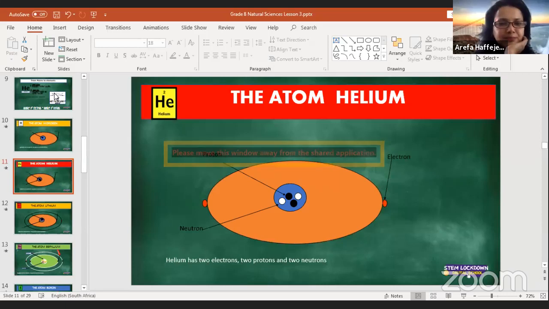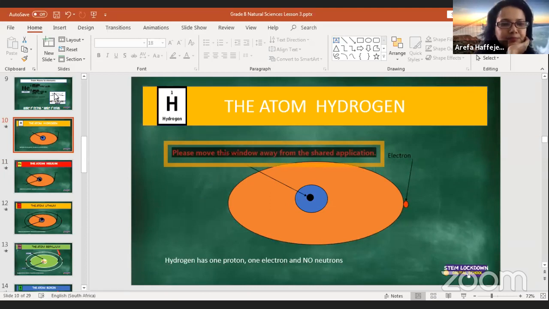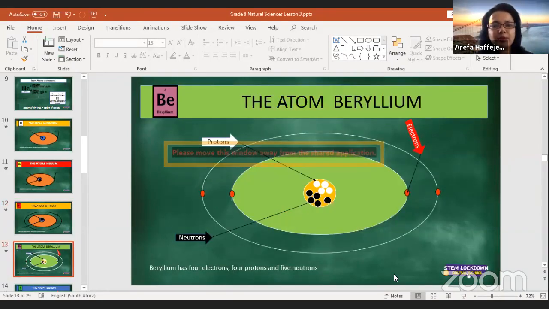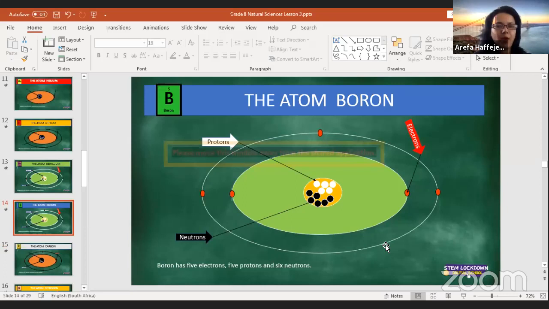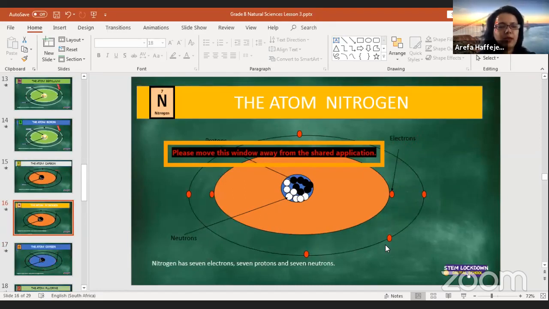So we have the helium atom. We have the hydrogen atom, we have the lithium atom, and we have the beryllium, we have boron, we have carbon, we have nitrogen.